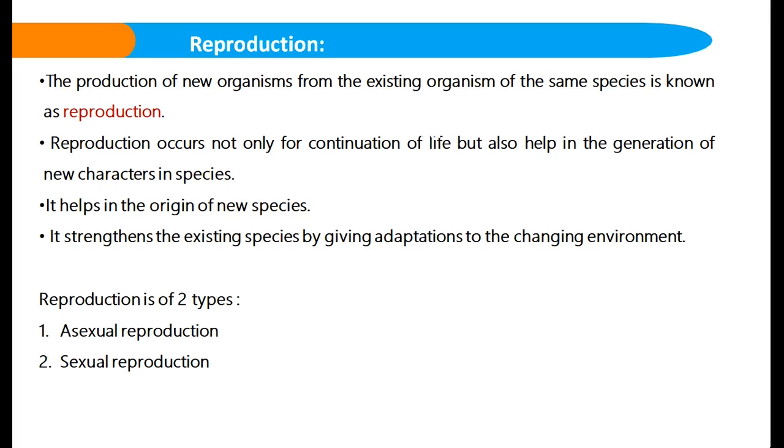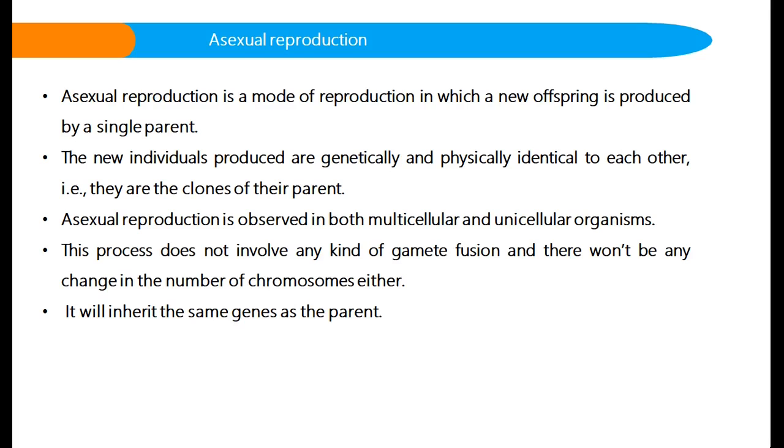Coming to the types of reproduction, there are two types: asexual reproduction and sexual reproduction. Let us learn about asexual reproduction. Asexual reproduction is a mode of reproduction in which new offspring is produced by a single parent. So, in asexual reproduction, only a single parent is involved.